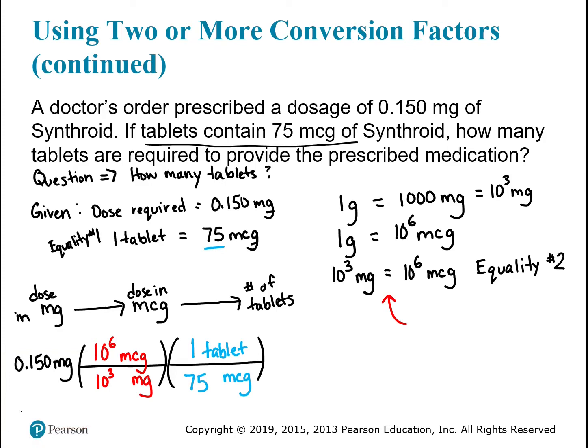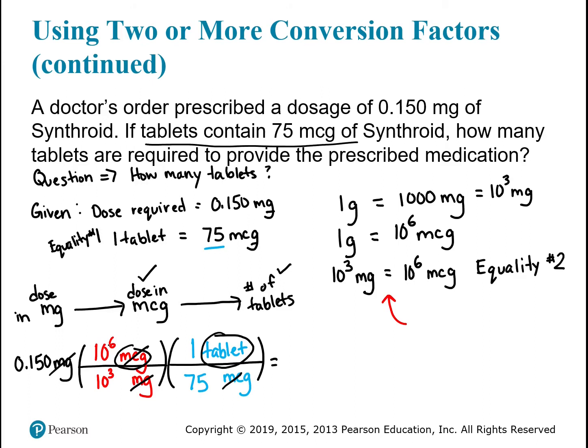Make sure to check your units. We're converting from milligrams to micrograms. Check. And from micrograms to tablets. Check. Now you can put all of this mess into your calculator.